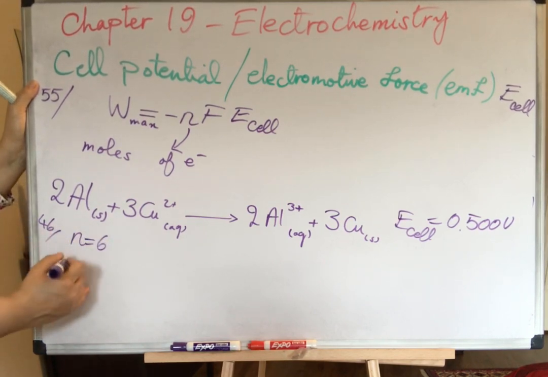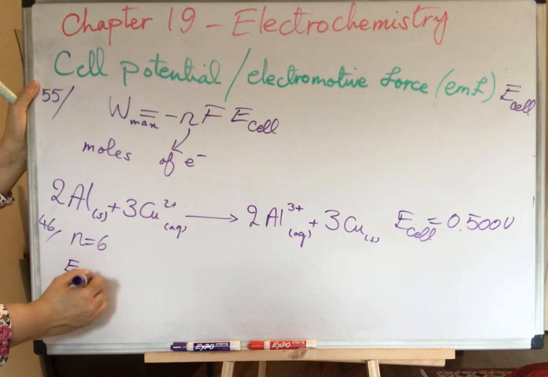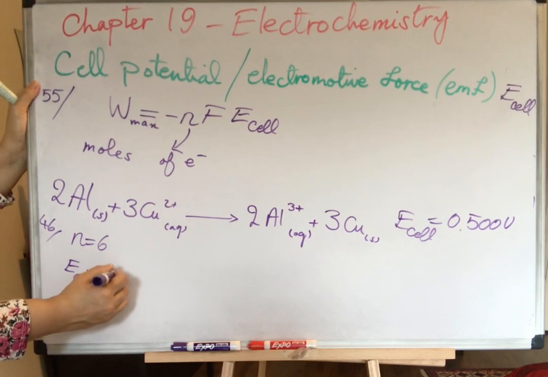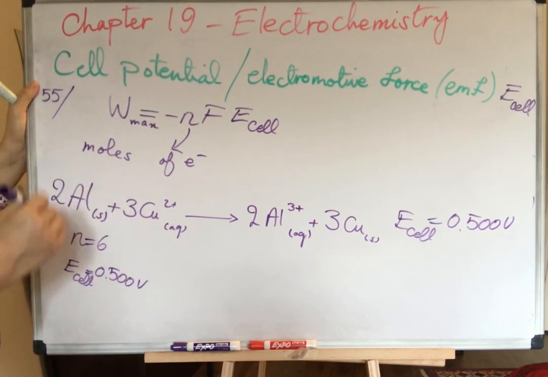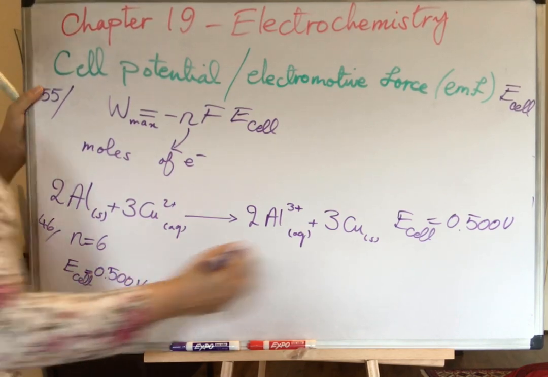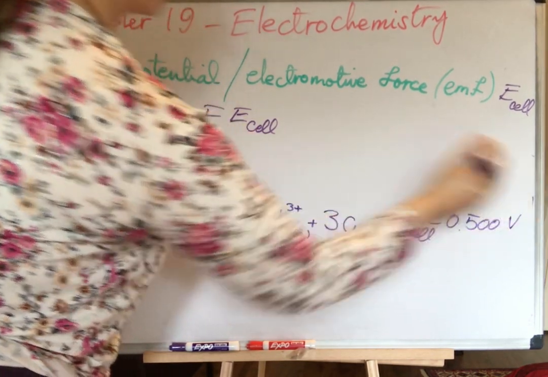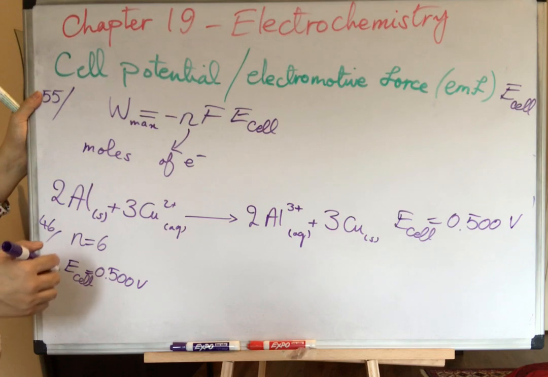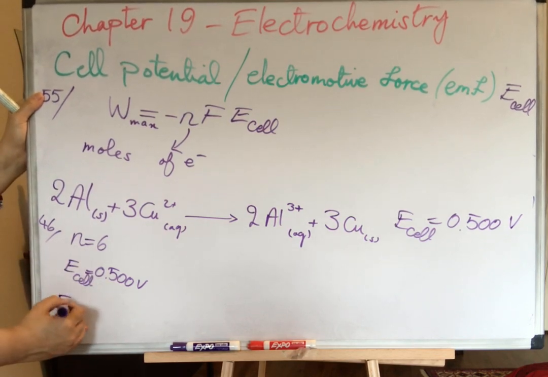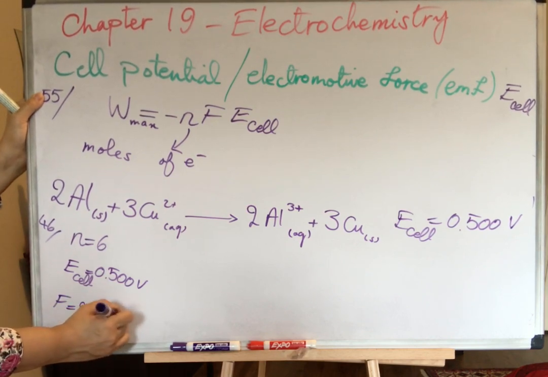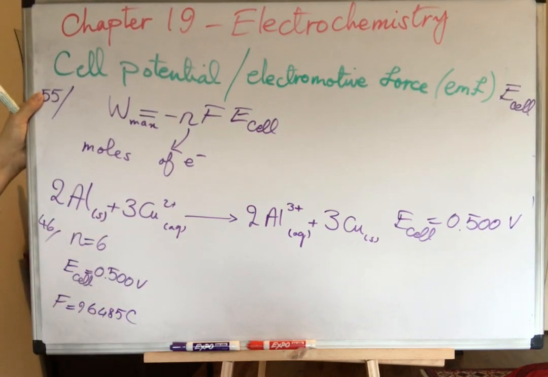So n is 6, E cell is 0.500 volts, and this is V, by the way. And what else do we need? The Faraday constant, 96,485 coulombs. Correct?